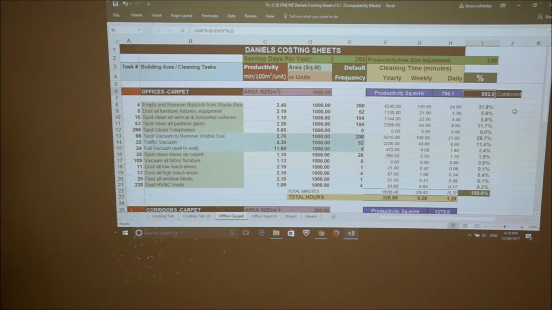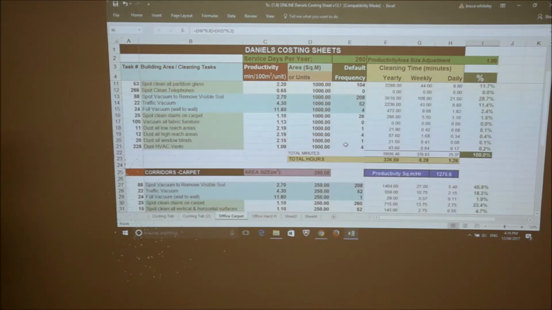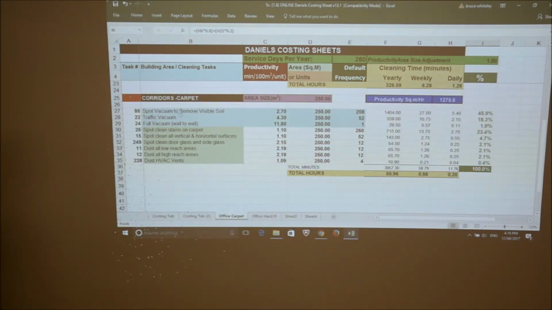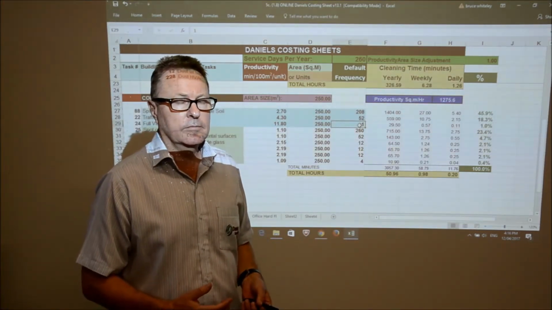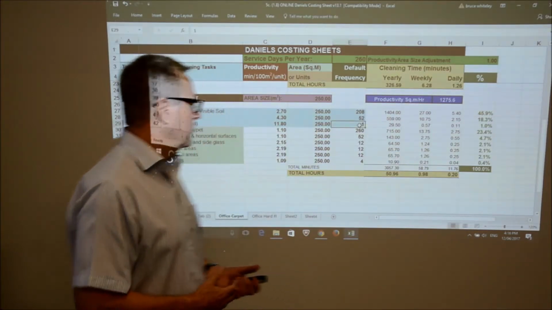Okay, so let's take a look now at adjusting our vacuuming frequencies. If we come down to our corridors, which are carpets, we're going to say we've probably got a full vacuum and traffic vacuum a lot more regularly than what we've got in the specification at the moment.